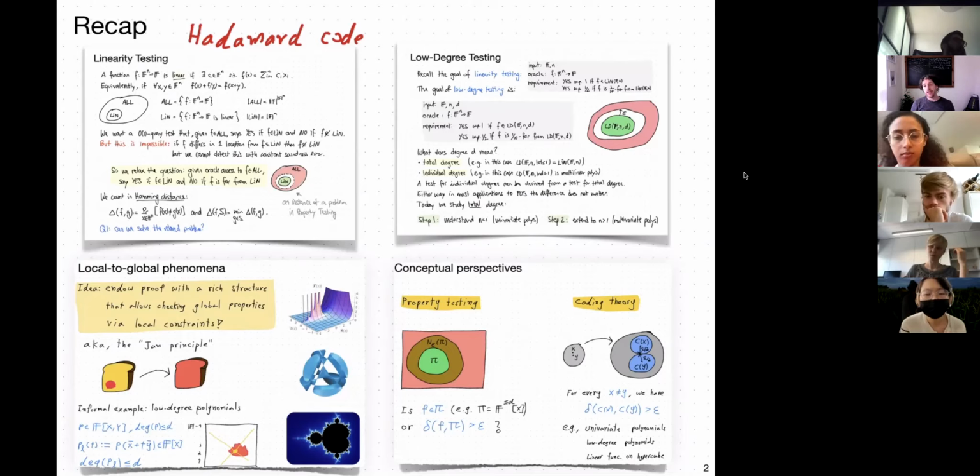And the Hadamard code is fantastic. It is extremely local in the sense that we can use just 3 queries to know whether we're valid or not, and all of these nice things. But the blow up, the amount of redundancy that we're paying in that encoding. So let me remind the coding theoretic perspective.